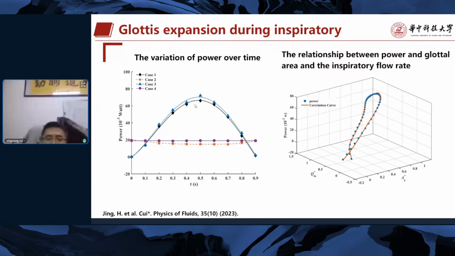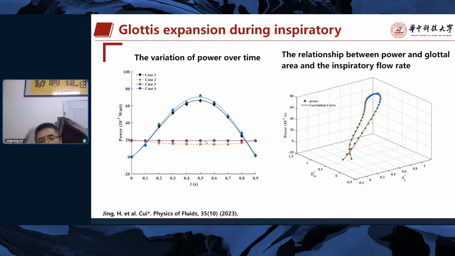We see the profile has only a slight difference. But for case 1 versus case 3, and case 2 versus case 4, they have different inspiration profiles, and the difference is so big.